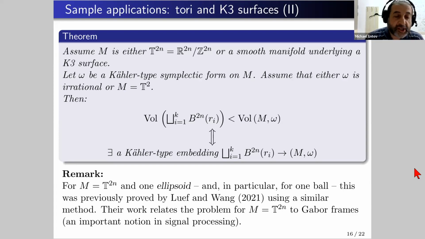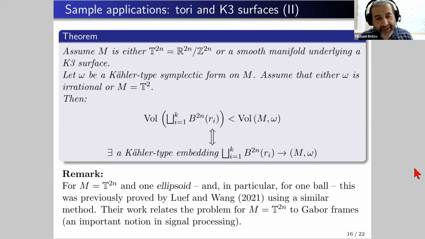Remark: for the torus, for just one ellipsoid, not a ball, in particular for one ball, this was recently proved by Luef and Wang using a similar method. Funnily enough, their work relates this problem for tori to Gabor frames, which is an important notion in signal processing.